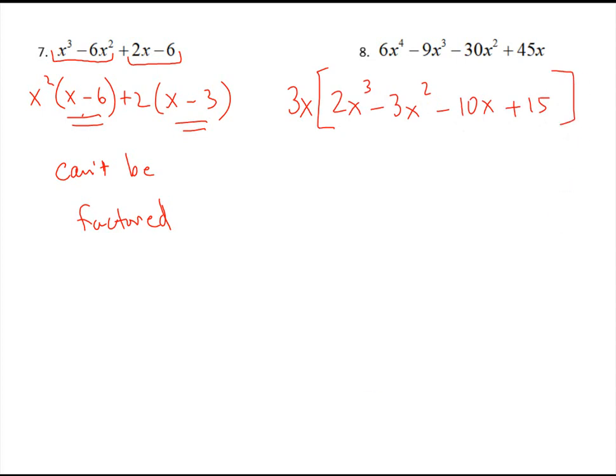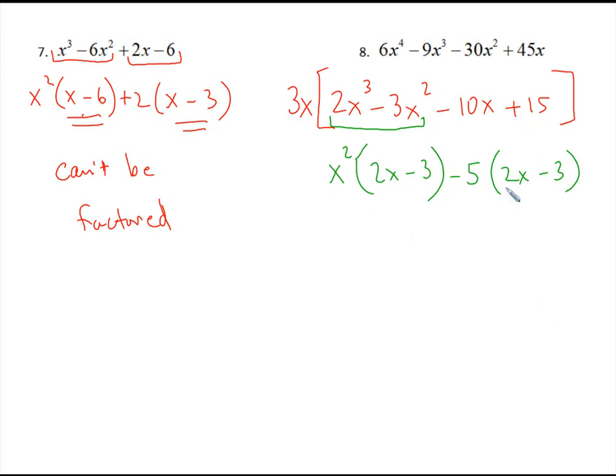And then I'm going to factor by grouping because I have 4 terms. I'm going to group these together and take out the GCF, which looks like x squared. So I'm going to end up with 2x minus 3. Over here I can take out a negative 5. I'm going to end up with 2x minus 3.